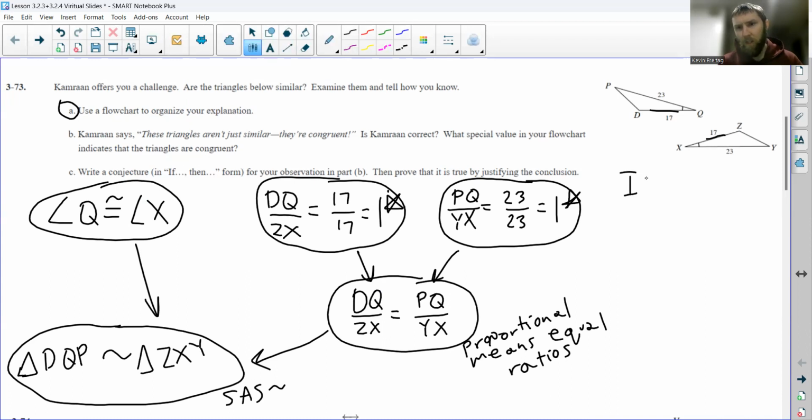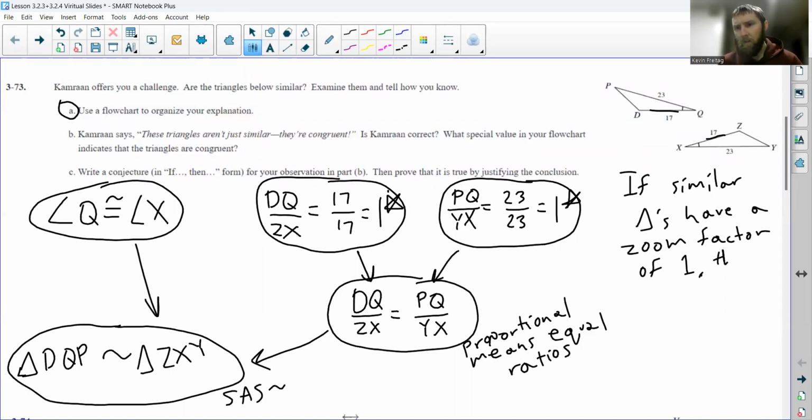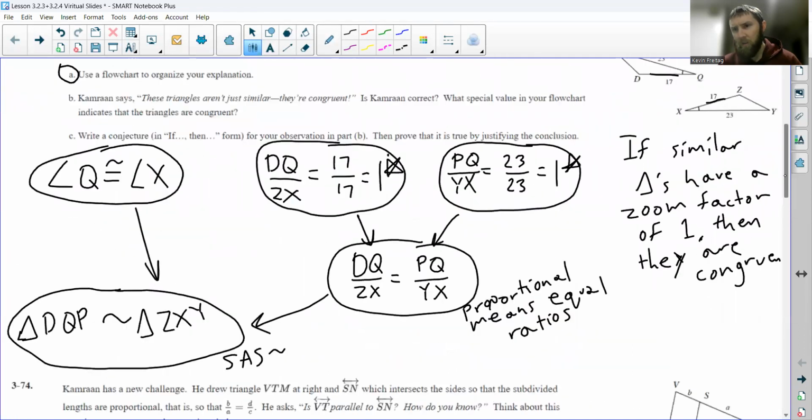In part C here, it would say: if similar triangles have a zoom factor of 1, then they are congruent. That's actually a pretty good definition for congruence. Sorry, I ran out of space there. Then they are congruent, okay?